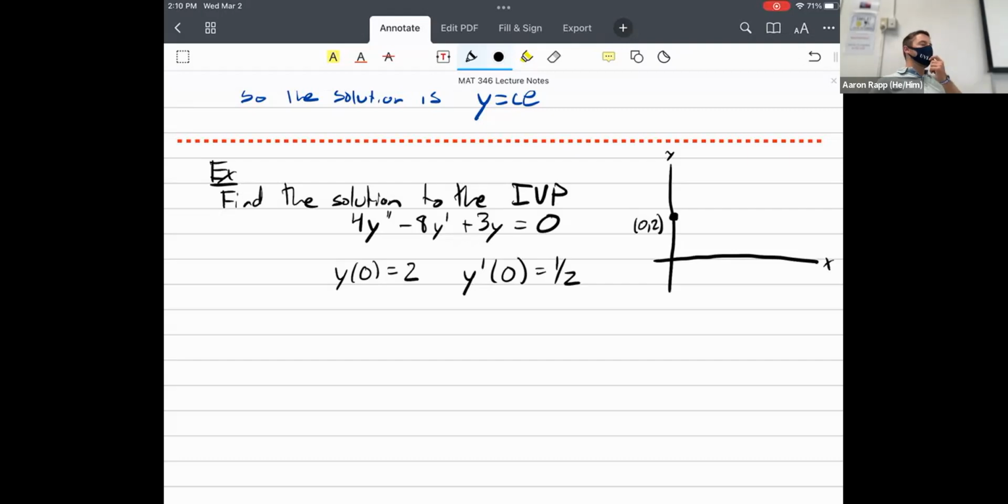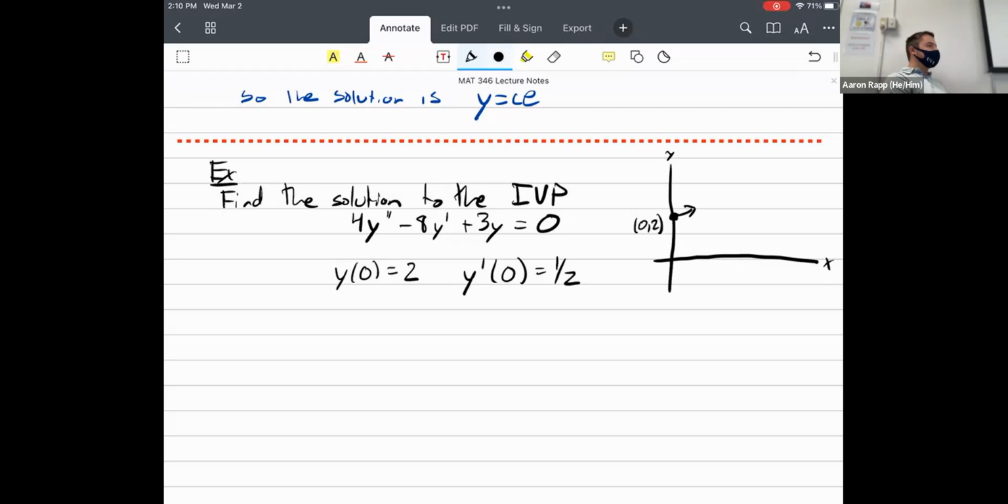If I have a slope of 1/2, what direction am I heading in with respect to the y-axis? Up or down? Up. So essentially what this is telling us is that I want to start at 2 on the y-axis, and I want to start heading up, specifically at a rate of 1/2. But then how I change after that is described by this differential equation right here. So I guess 1/2 probably would be a little bit more shallow than that. That's essentially what the initial conditions are ensuring us here.